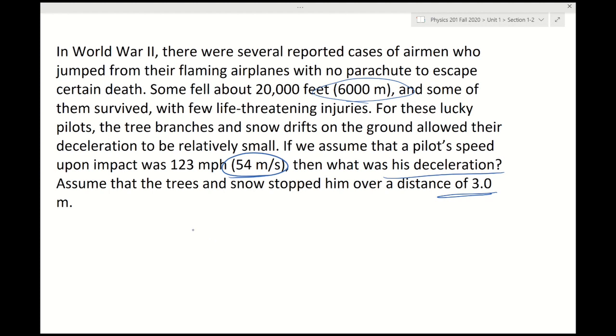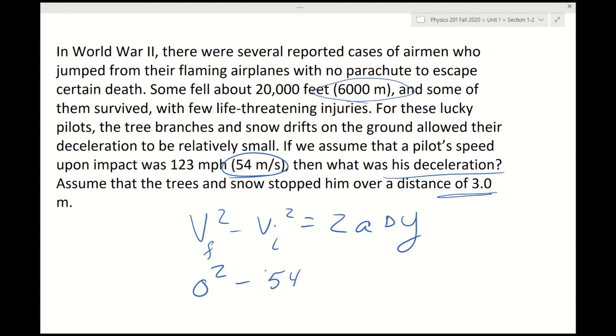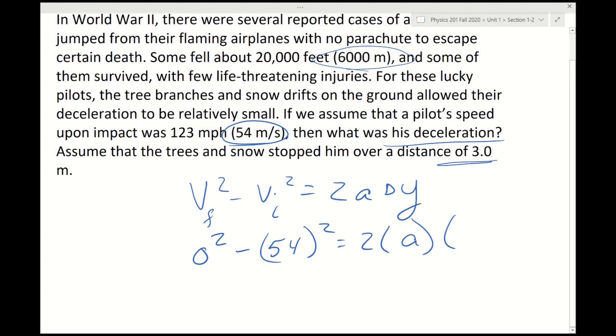The easiest approach on this one is actually going to be to use the linear combination. The vf squared minus vi squared is equal to 2a delta y, in this case because they are in fact going down. So the final speed if they stop is 0. The initial was 54 meters per second. We need to find the acceleration, or the deceleration, and they covered 3 meters in doing so.